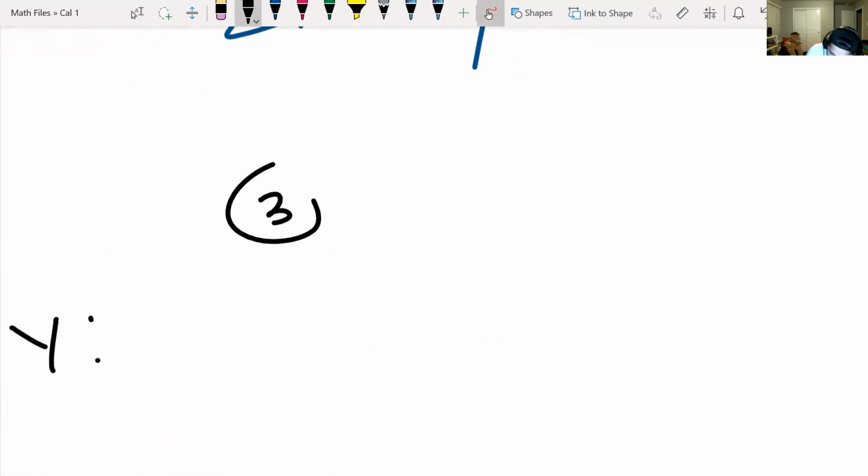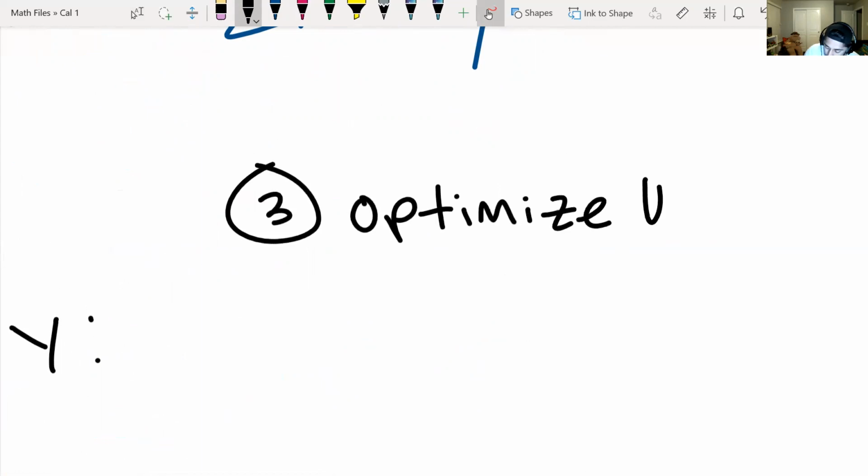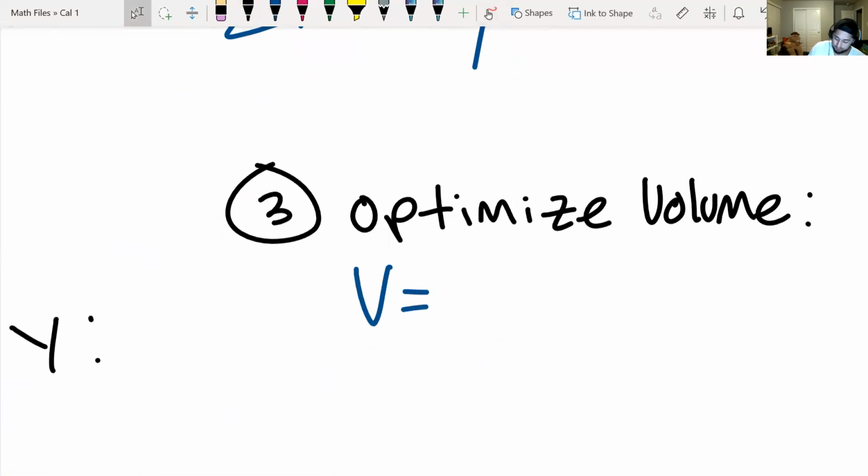Step 3. Optimize volume. So given V equals, what do I have?